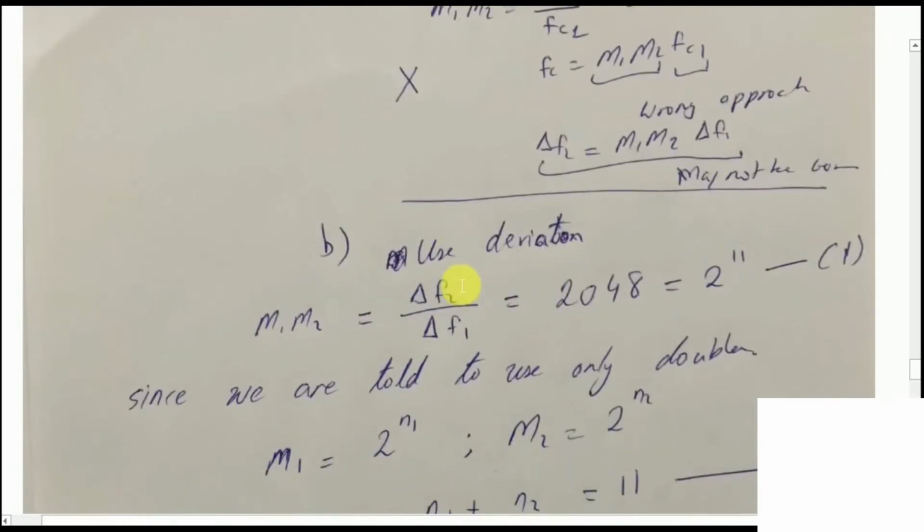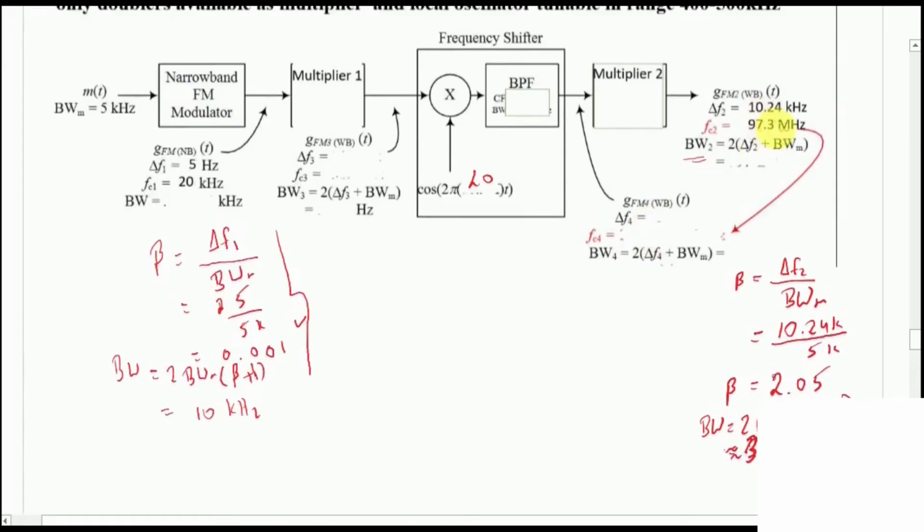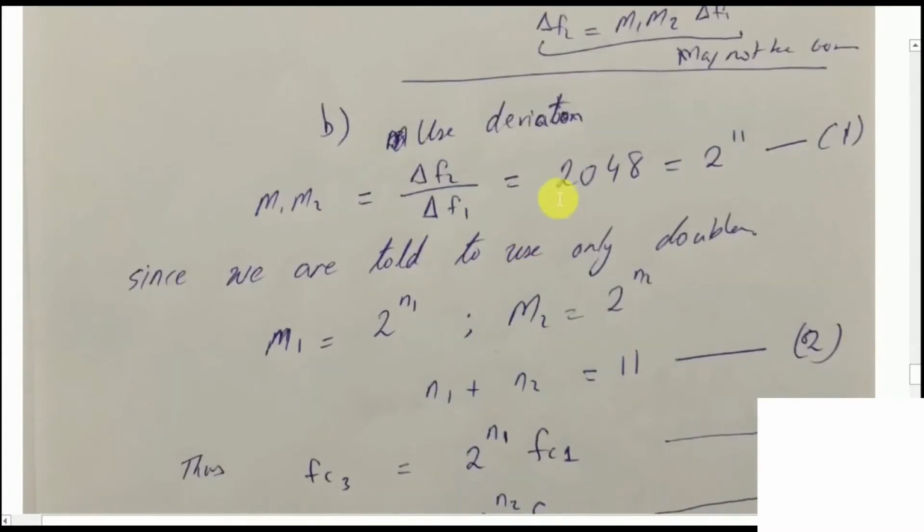That is, you divide the frequency deviation at the wideband FM by the frequency deviation at the output of narrowband FM to achieve M1 times M2, right? So if you divide 10.24 kilohertz by 5 kilohertz, approximately you would have 2048, and that is 2 raised to power 11, right?